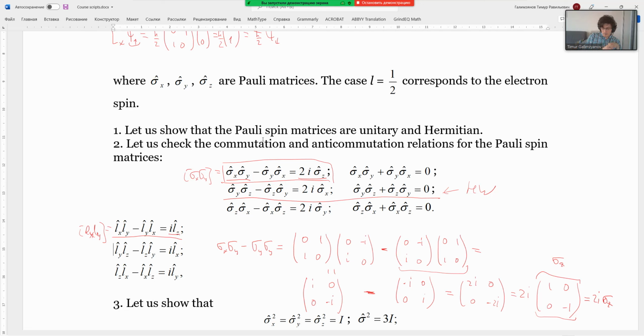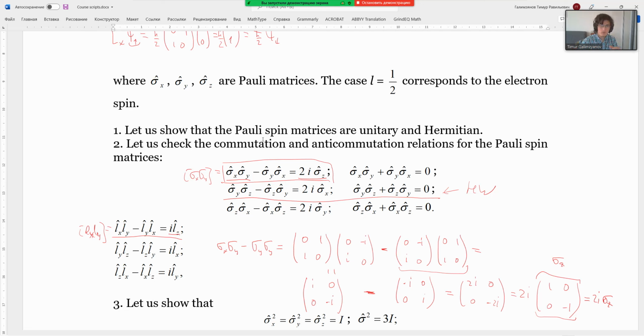We showed that you cannot measure the projection of the angular momentum on both axes. You can measure the projection only on one axis, and measuring the projection on one axis erases the information of the projection on another axis.